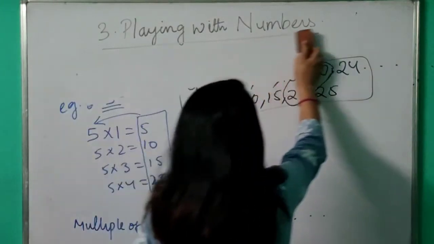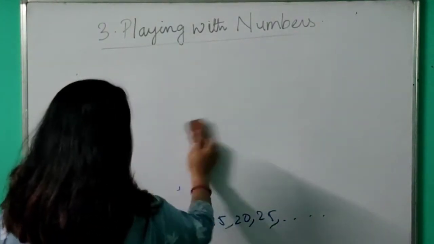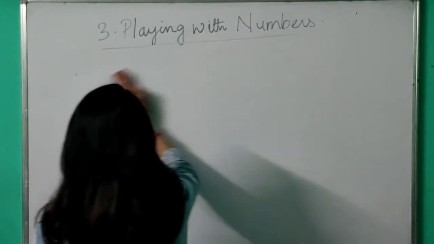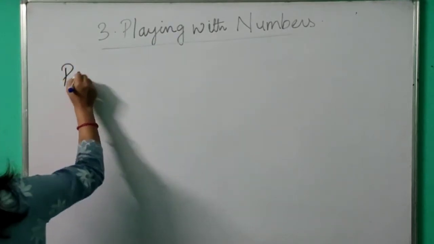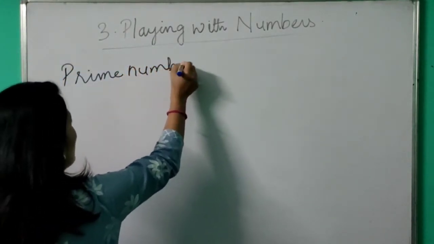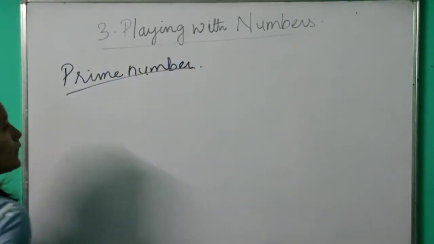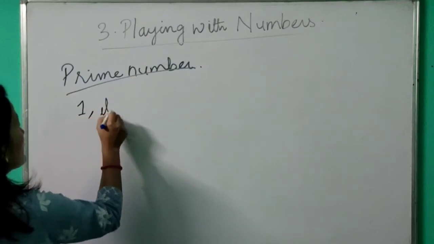Now next, moving on to prime number and composite number. First let us understand what is a prime number. A prime number means a number which is divided completely by 1 and the number itself.